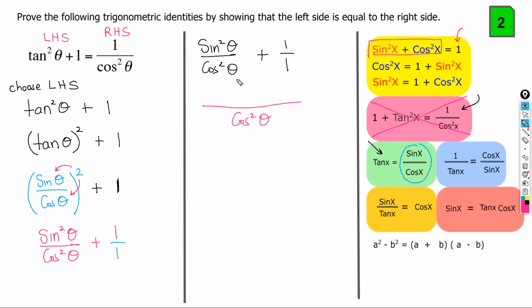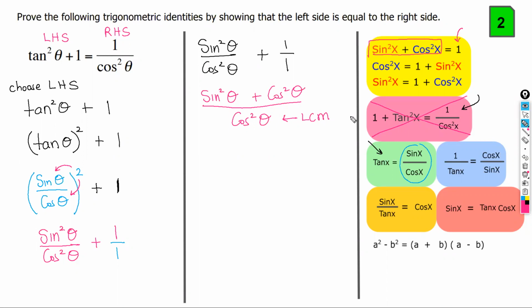Cos squared theta into cos squared theta is 1. 1 by sine squared is sine squared theta. Plus 1 into cos squared theta is cos squared theta. Cos squared theta by 1 is another cos squared theta. So this cos squared theta is the LCM. So I use the LCM to combine the fractions.